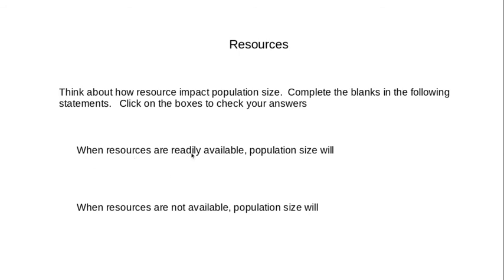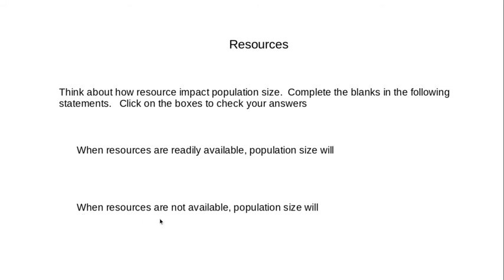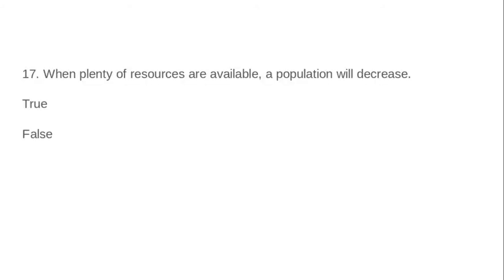When resources are readily available, population size will, you're going to write increase. For the second sentence, when resources are not available, population size will decrease. When you're done writing this, move on to the next slide.